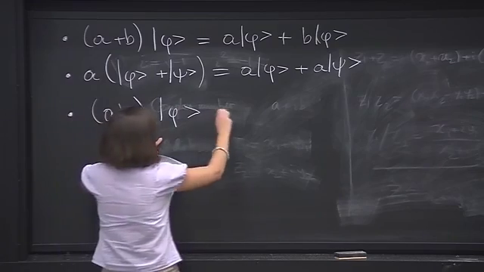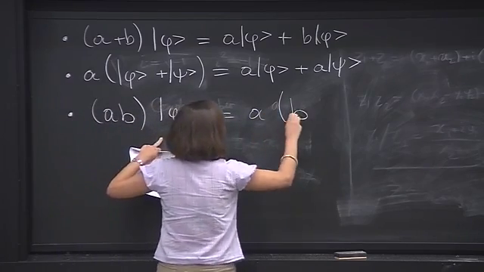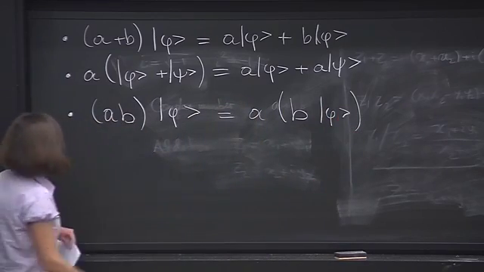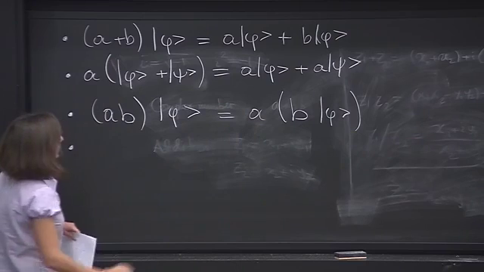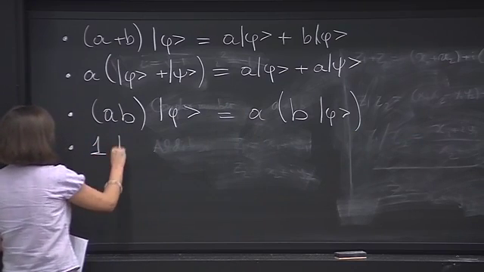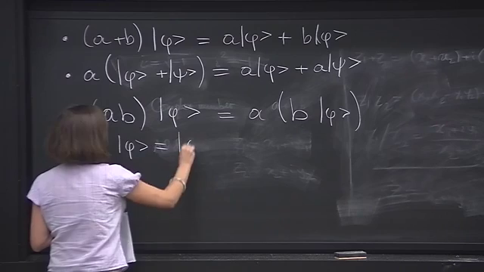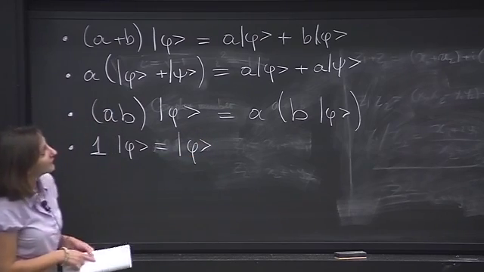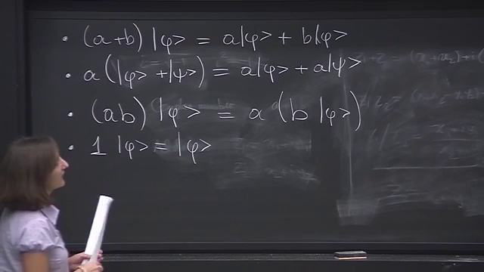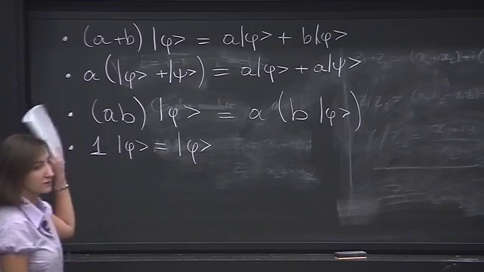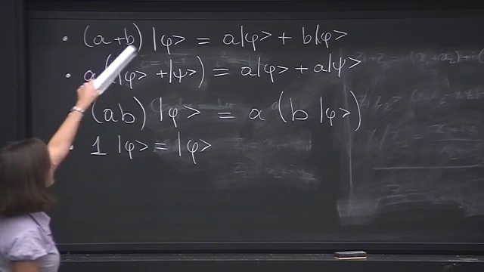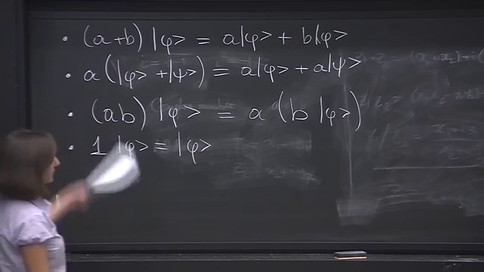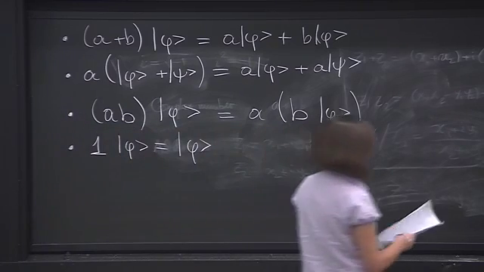AB times phi should be equal to A times B times the state phi. And finally, the number 1 times any state should just give us the state itself. So any set of vectors or states psi is a linear vector space over a field, in this case, the field C of complex numbers, as long as these properties hold.